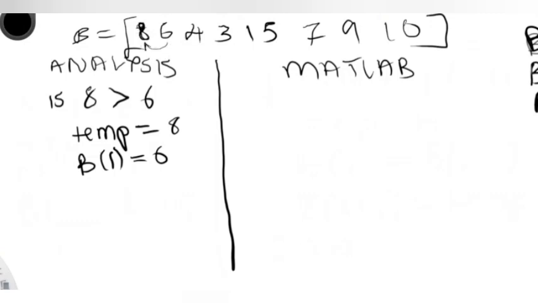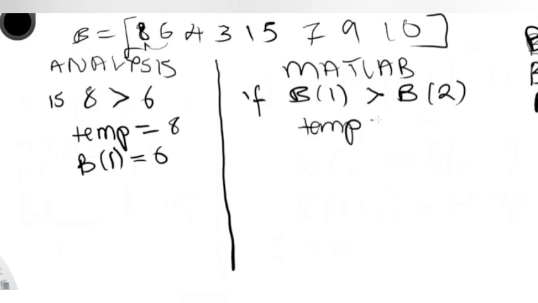But in MATLAB, what we have done here goes like this. We say if, what is the position of 8? You can't say 8; you get the position. The position of 8 is B1. So we say B1 is greater than, what is the position of 6? 6 is at B2, so B1 greater than B2. If this is true, we are going to store B1, which is 8. We say temp is equal to B1.